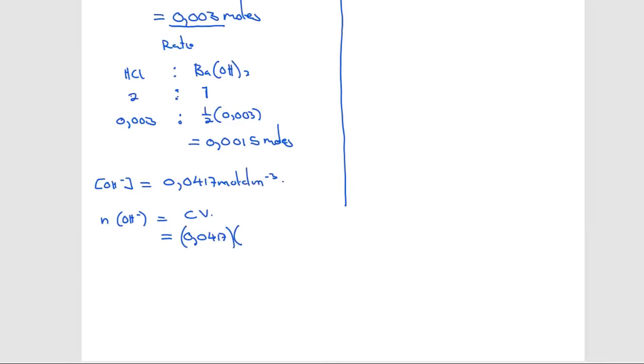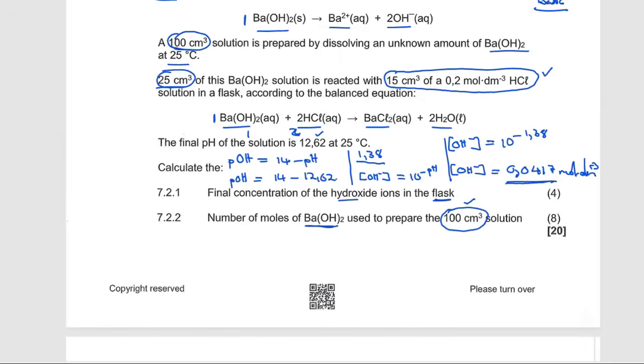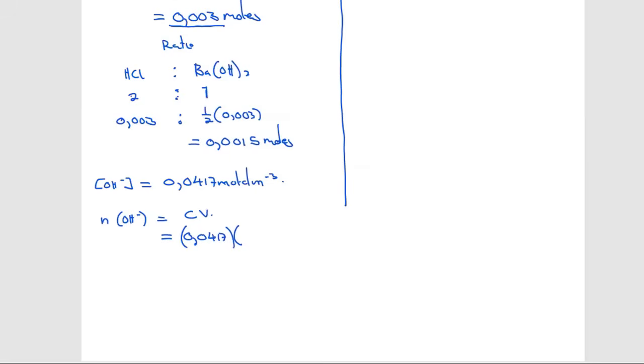The original volume is 15 and then this other one, 25, so I'm going to add these two. 15 plus 25 gives me 40. Remember, this is in cubic centimeters, so we're supposed to convert to dm cubed. If I divide 40 by 1,000, I'm getting a value of 0.04. Then I'm going to multiply by 0.0417. If I multiply there, what am I going to get?